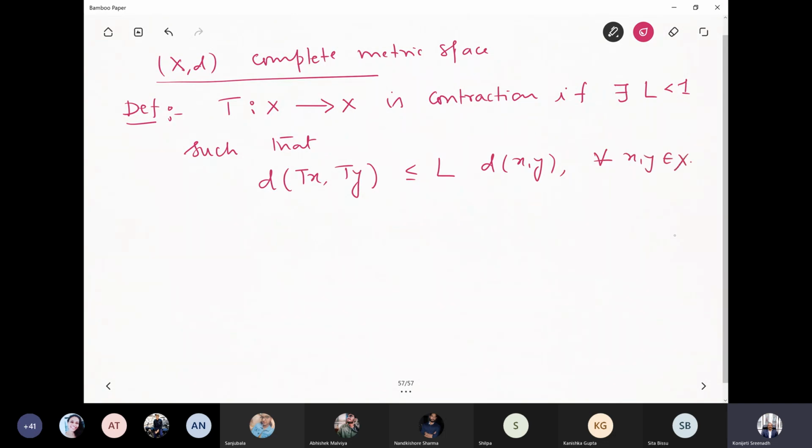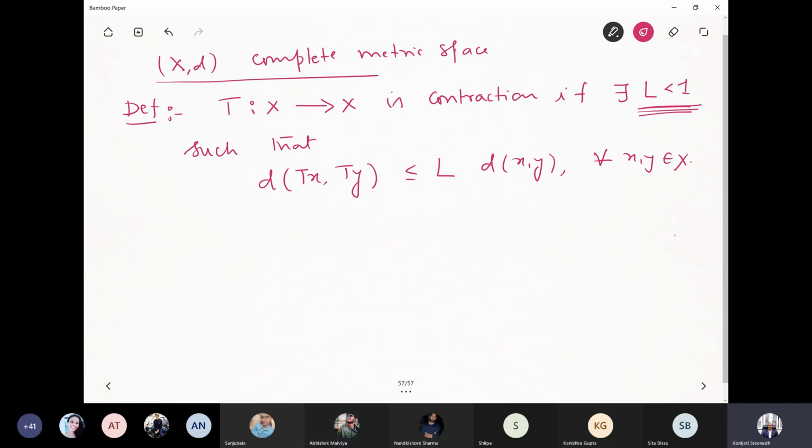If such a thing is true, then we call this map T a contraction map. So this L less than 1 is very important. Only then do we call it a contraction map. What's basically happening is that the distance, d is the metric.